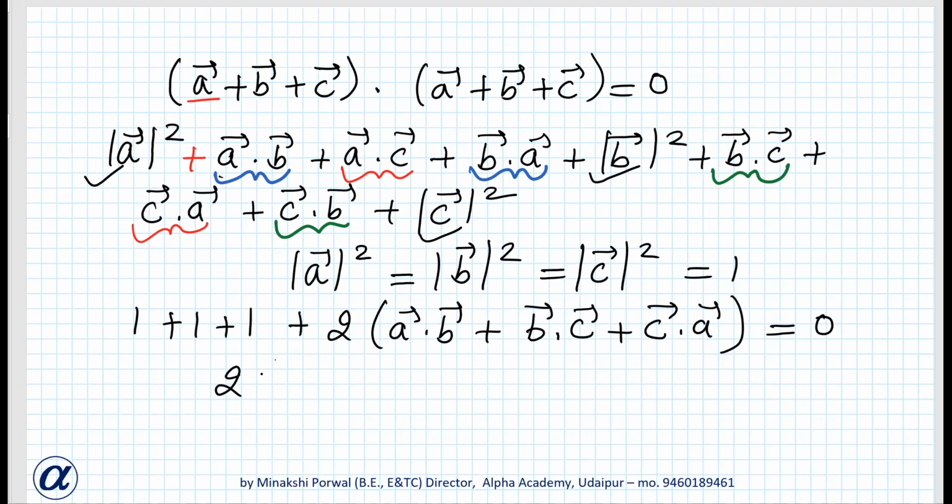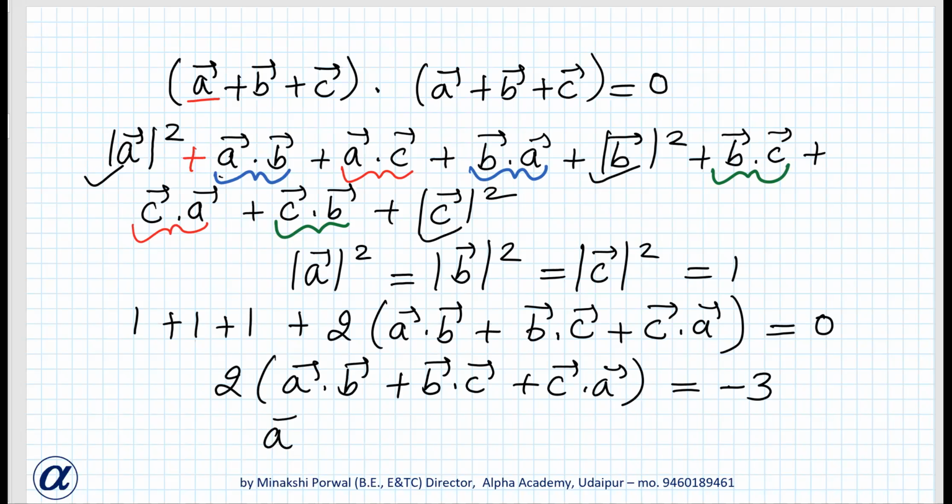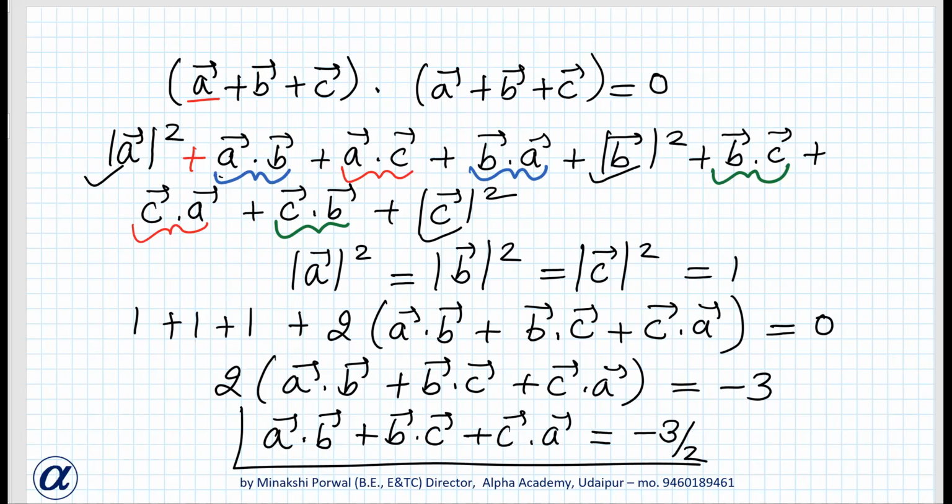So this can be written as 2 times A dot B plus B dot C plus C dot A equals minus 3, or A dot B plus B dot C plus C dot A equals minus 3 by 2. This will be the answer.